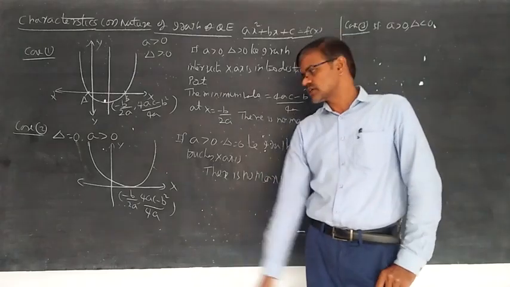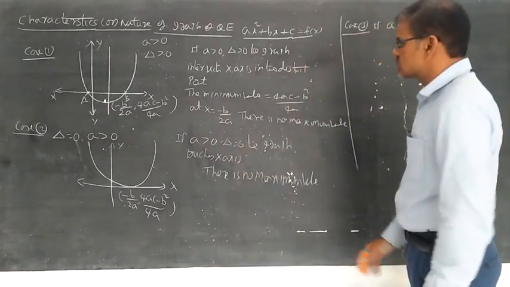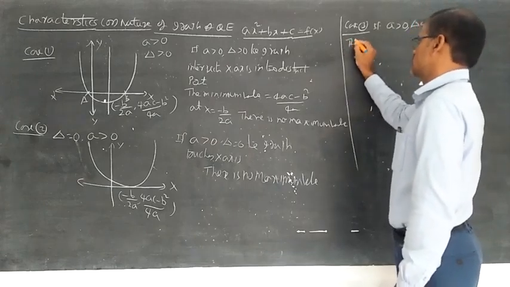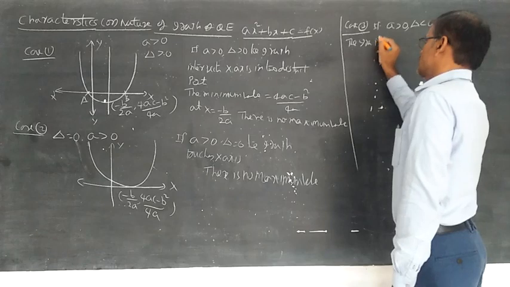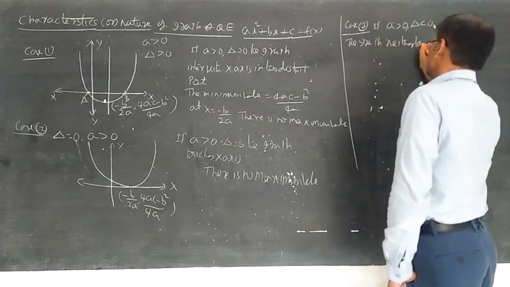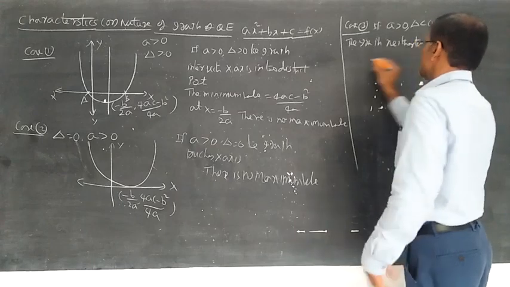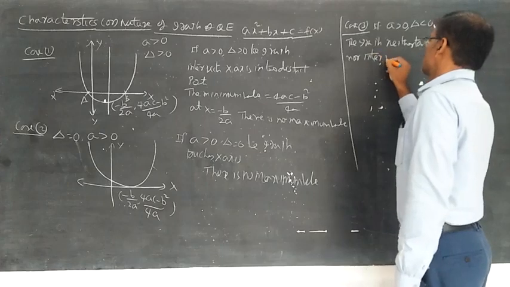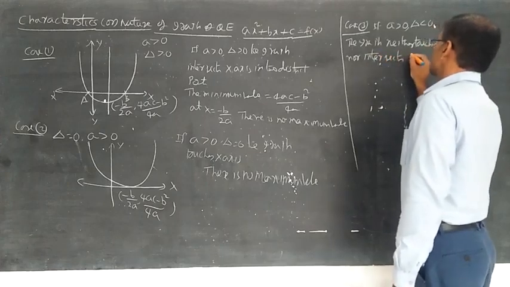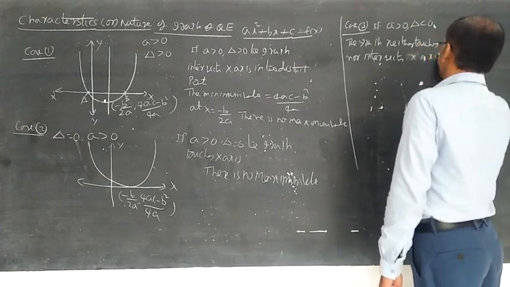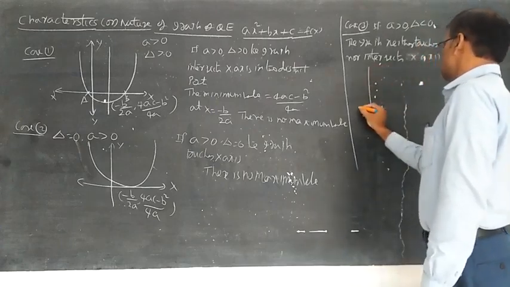Whenever there is no line intersecting or touching the curve, there is no point of intersection. The graph neither touches nor intersects the x-axis.